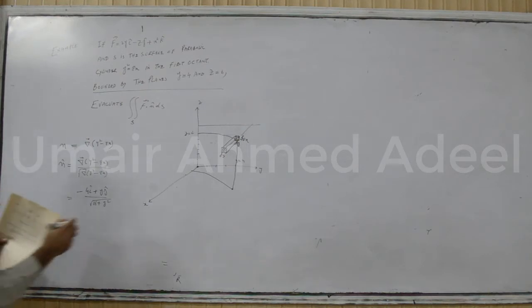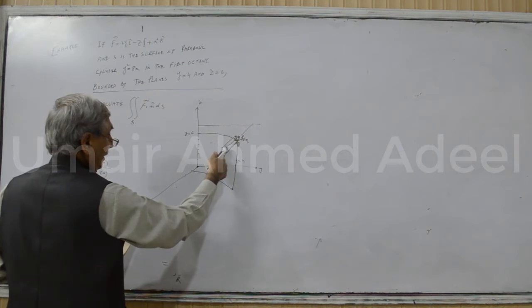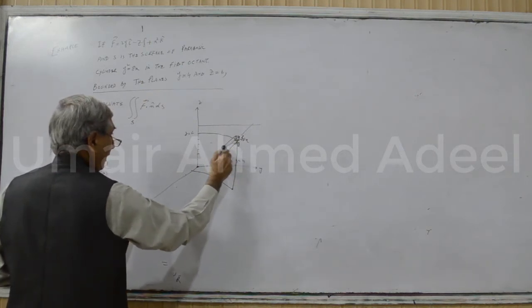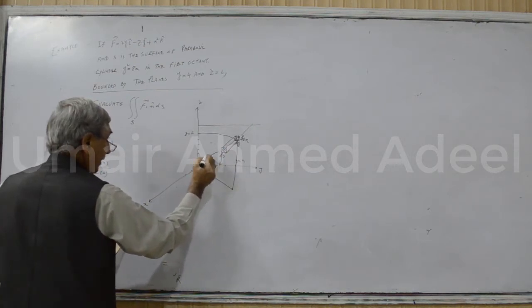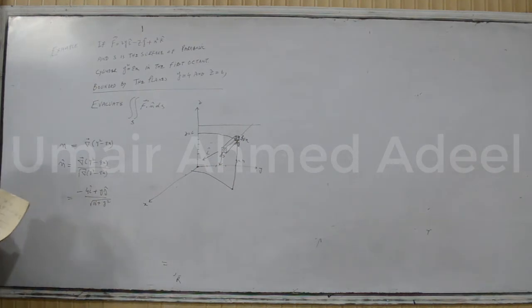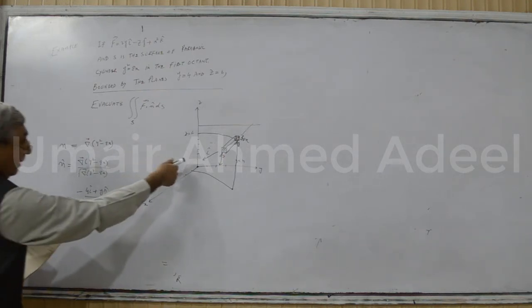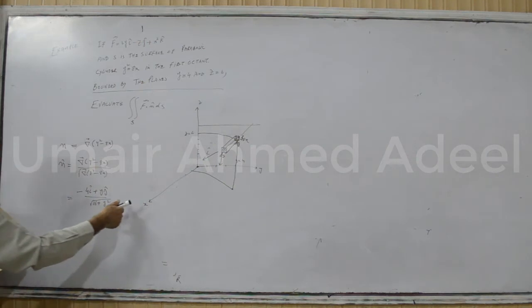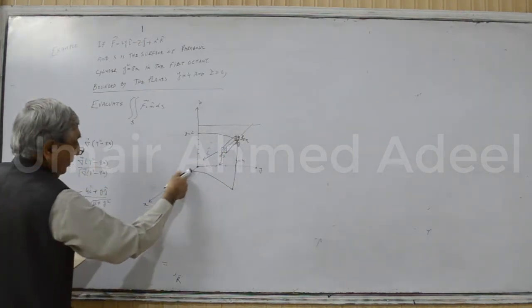And n is normal to the surface, maybe in that direction, and the i vector is in that direction. So now you don't have to calculate n dot k, you will calculate n dot i, because the unit vector along the x direction, perpendicular to this, is i.